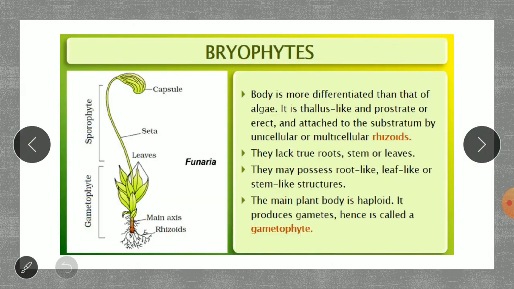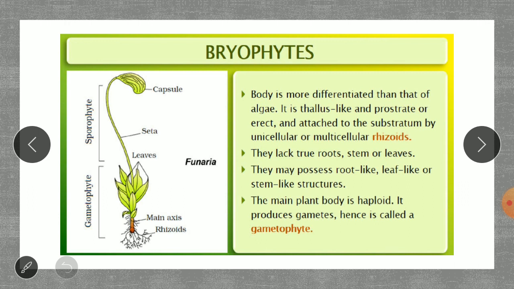Coming to the body structure of the bryophytes, the body is more differentiated than that of the algae. In the algae, we see unicellular and multicellular forms, but most of these bryophytes look like a plant.